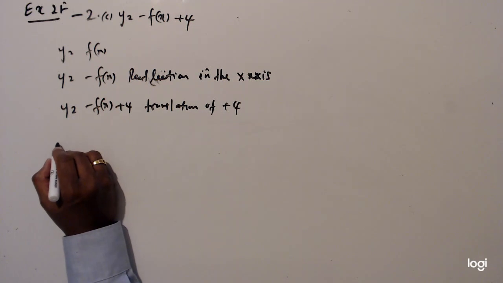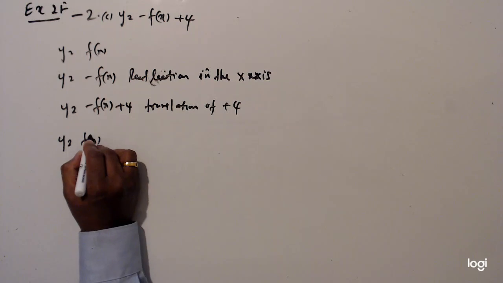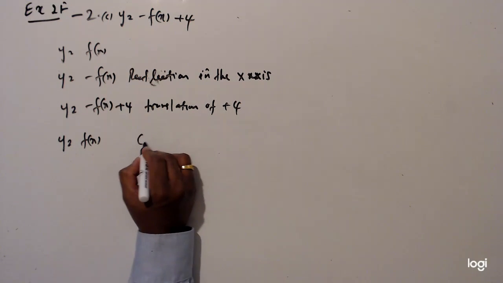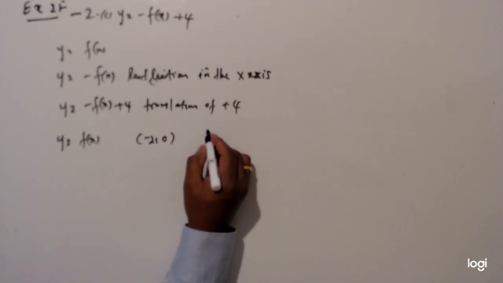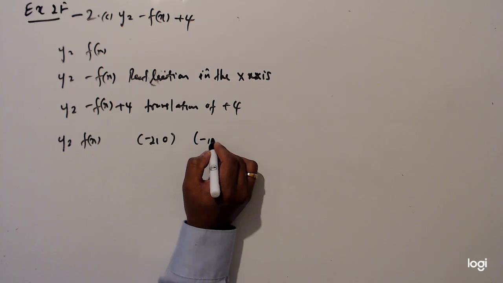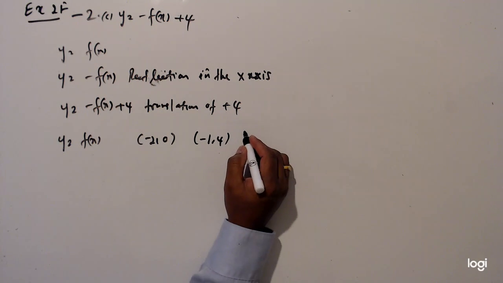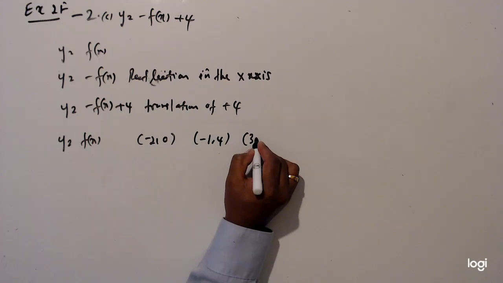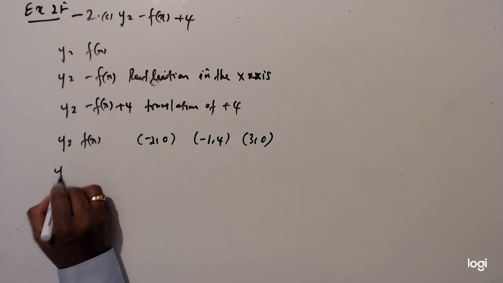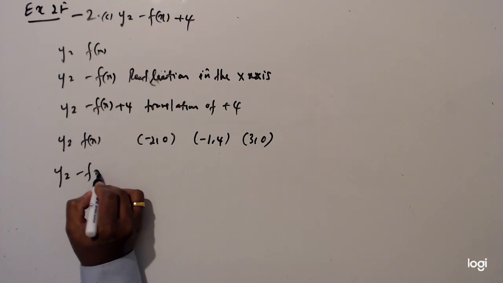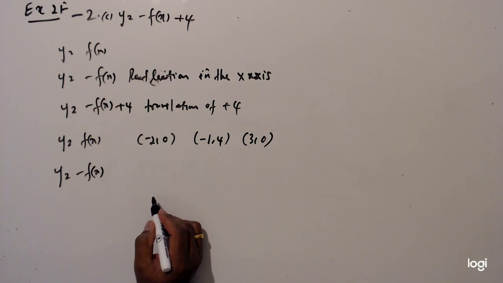Y equals f(x) has coordinates (-2, 0), (-1, 4) and (0, 3). Y equals minus f(x) is a reflection.